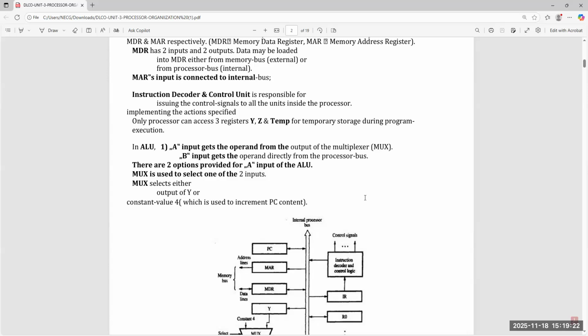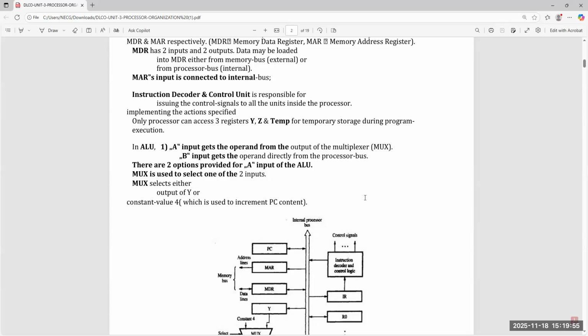That is, data may be loaded into the MDR either from the memory bus or from the processor bus. That's the reason MDR has two inputs as well as two outputs. But MAR has only one input and one output.